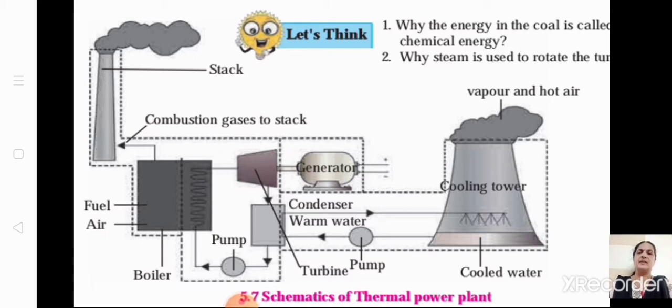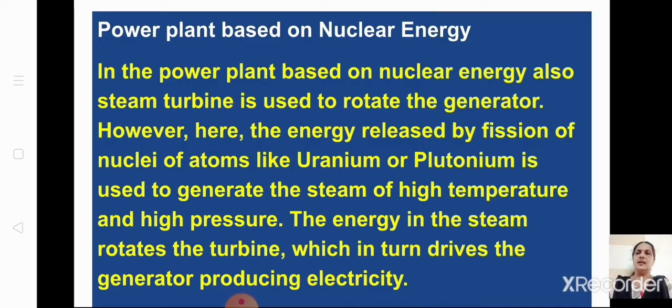Okay, this is the first one we learned, and the second one was a power plant based on nuclear energy. In this power plant based on nuclear energy also, in the same way a steam turbine is used to rotate the generator. However, here the energy released by fission of nuclei of atoms like uranium and plutonium is used to generate steam of high temperature.